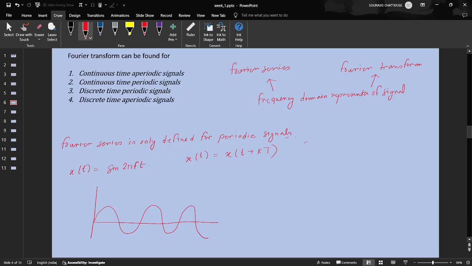So if we compute sin(2 pi f (t plus kT)), we are going to see sin(2 pi f t plus 2 pi f k T), which is sin(2 pi f t plus 2 pi k f T).